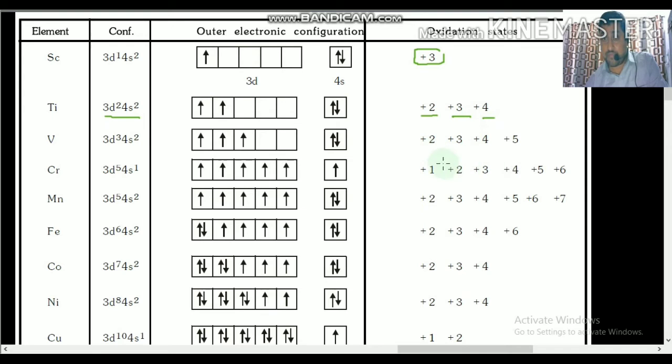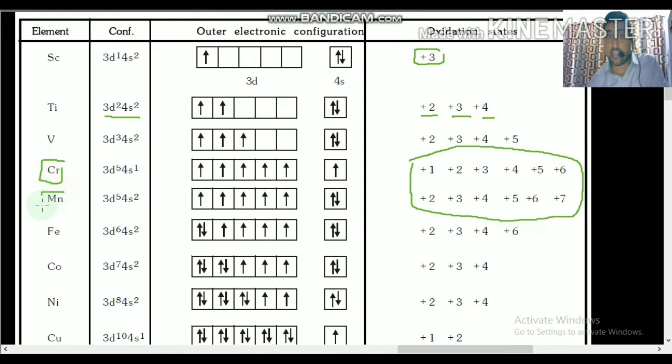Similarly you see more and more, and the highest number of oxidation states you will find in the middle, in chromium and manganese, where there is a large number of d subshell electrons, 5 d electrons in each, and then one or two in the s. In chromium 6 total electrons, in manganese 7 total electrons. So manganese has the highest oxidation state up to +7 and chromium up to +6.